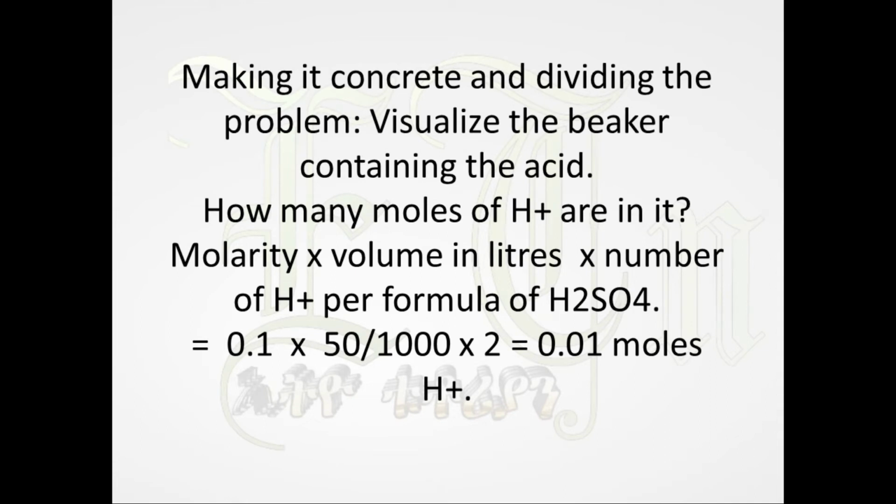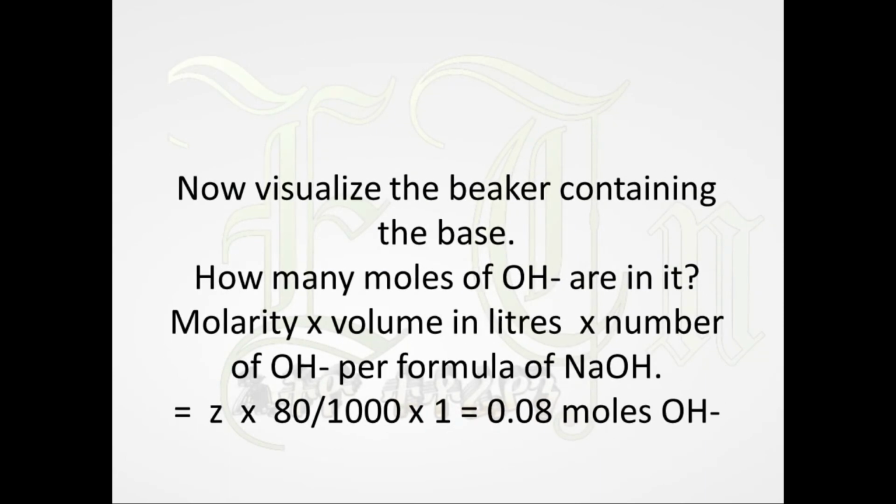Visualize the beaker containing the acid. How many moles of H+ are in it? Molarity x volume in liters x number of H+ per formula of H2SO4 equals 0.1 x 50/1000 x 2 equals 0.01 moles H+. Now visualize the beaker containing the base.